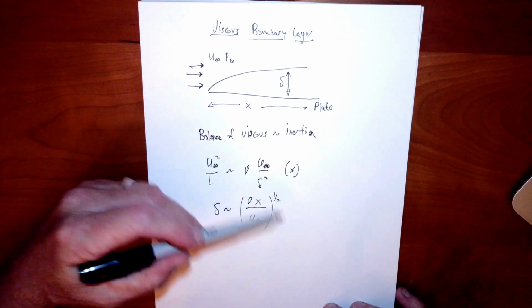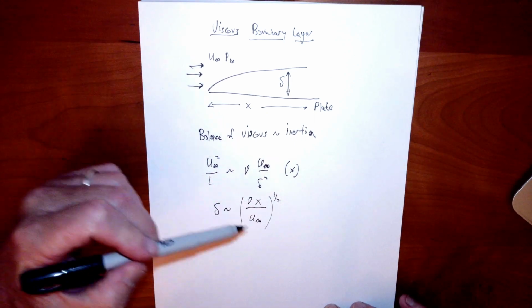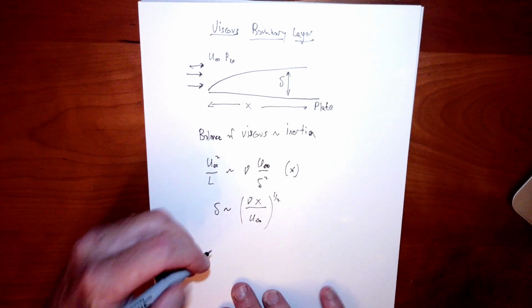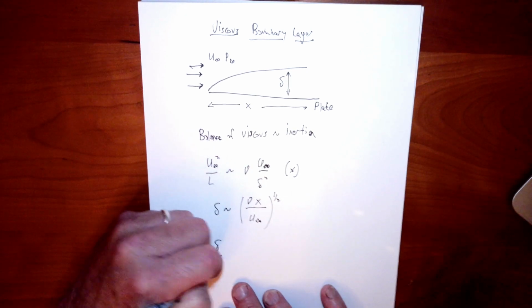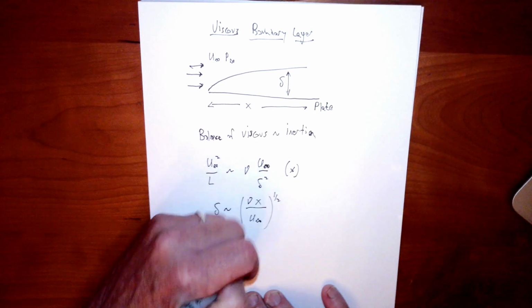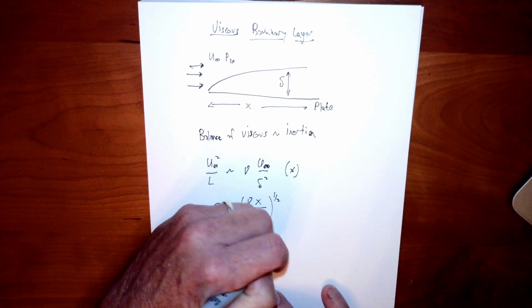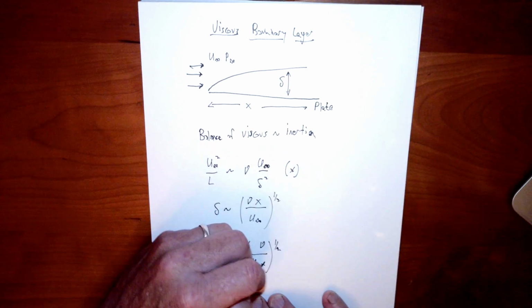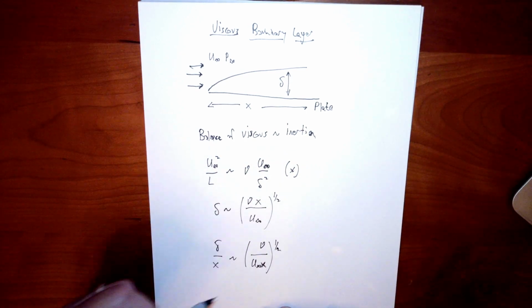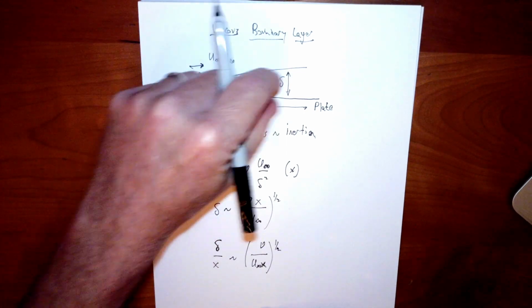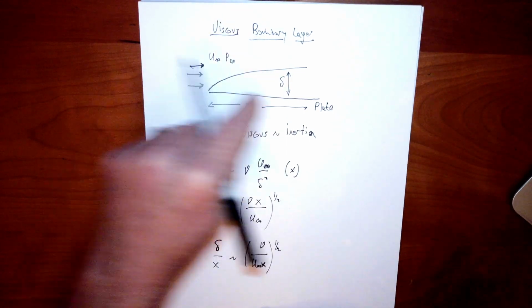The form at which these different factors change the viscous boundary layer. This relationship is often written like this: delta over x is of order nu over u infinity x, all to the 1/2. And we'll explain a little bit why this is the preferred methodology. But one of the reasons is this has no units. So delta over x, delta is the thickness of the boundary layer, x is the position in the x-axis.